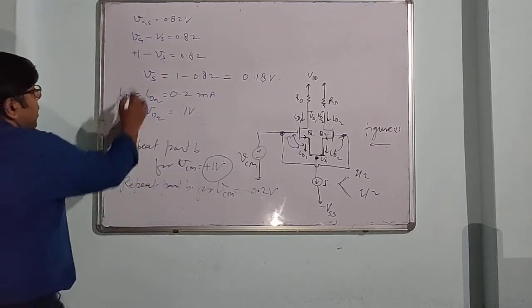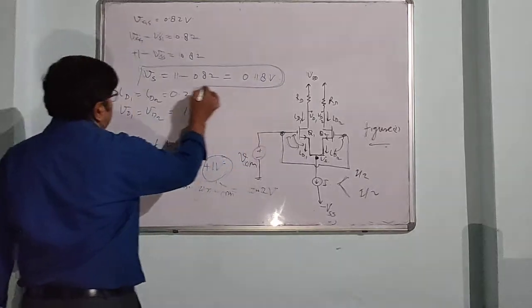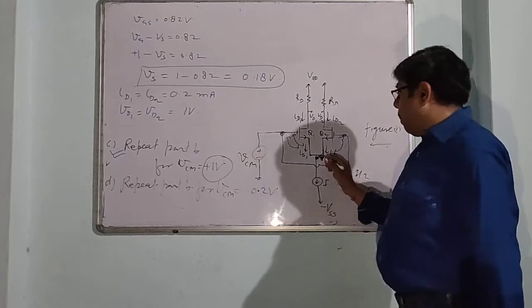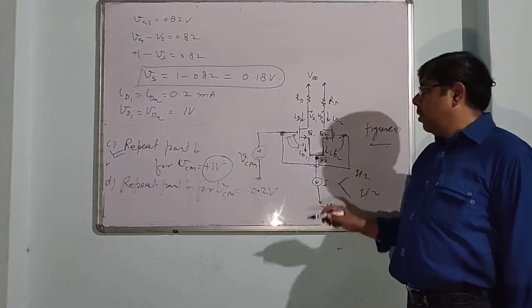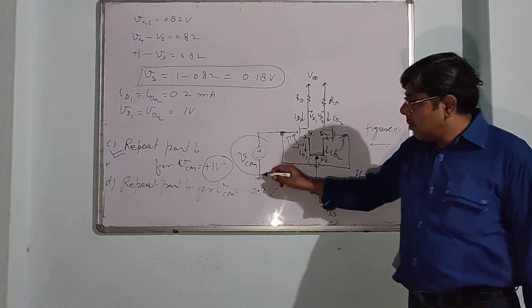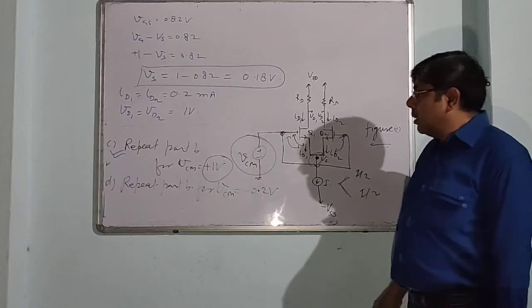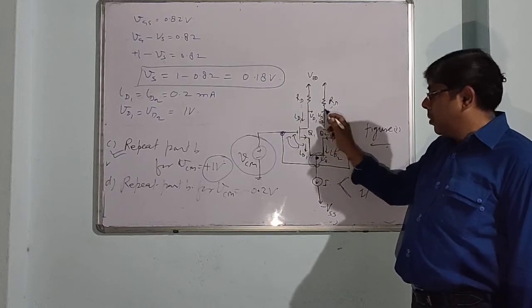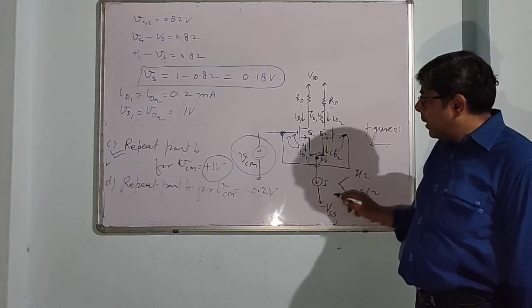So the only thing that differs is this part, the source voltage. All other things are the same. As far as this signal is common mode, these two currents are the same, and this is half of this current.